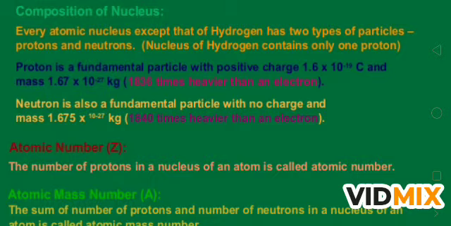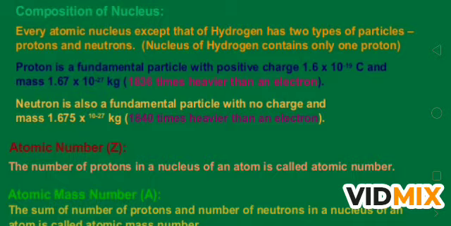The nucleus of hydrogen contains only one proton, and the proton is a fundamental particle with a positive charge 1.6 into 10 to the power minus 19 coulomb, and the mass of the proton is 1.67 into 10 to the power minus 27 kilogram. That is 1836 times heavier than the electron. Neutron is also a fundamental particle with no charge, and its mass is 1.675 into 10 to the power minus 27 kilogram, and it is 1840 times heavier than the electron.